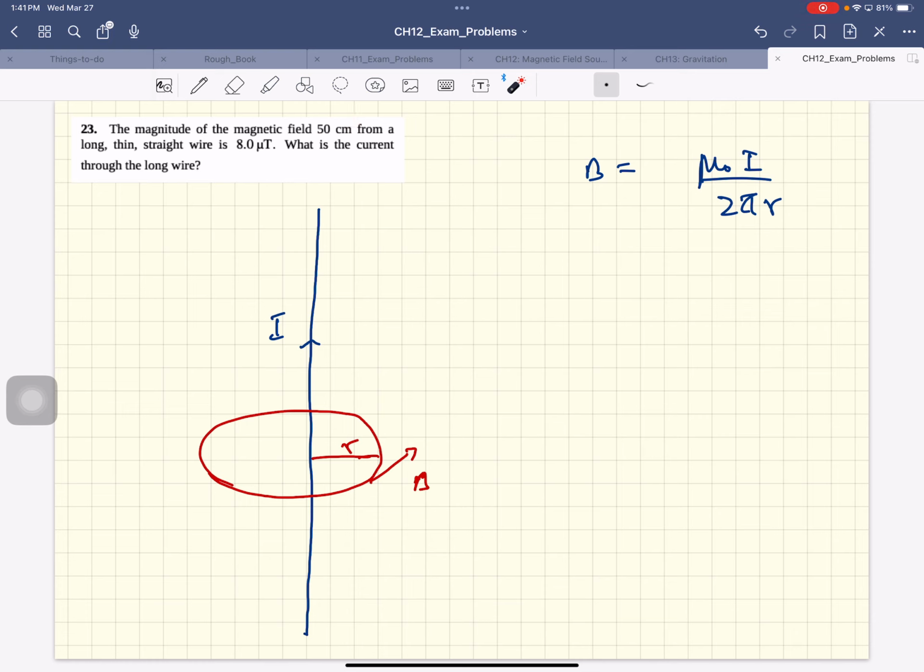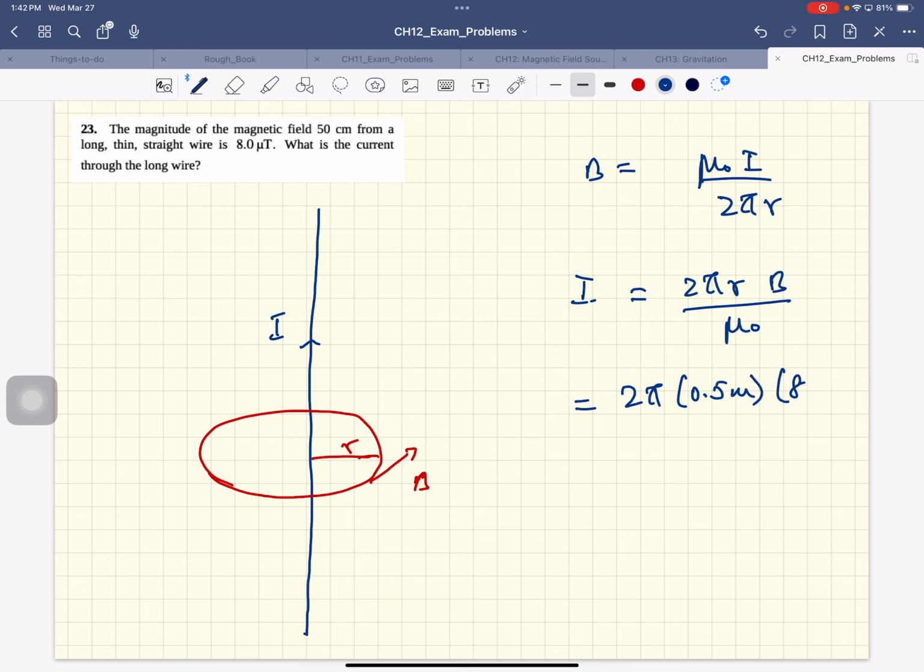So now we can solve for I. I would be 2 pi R times B over mu naught. R is 0.5 meters, B is 8 microtesla, and mu naught is 4 pi times 10 to the minus 7 Tesla meter per amp.